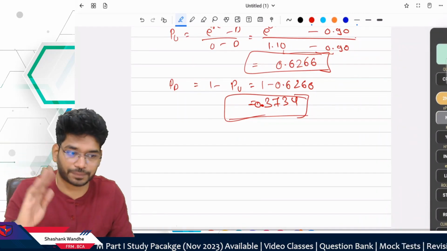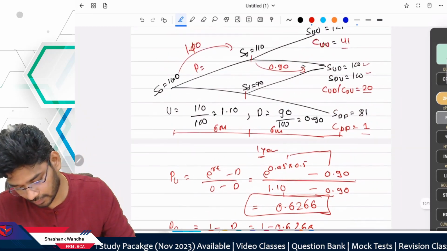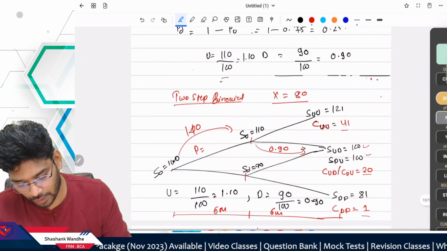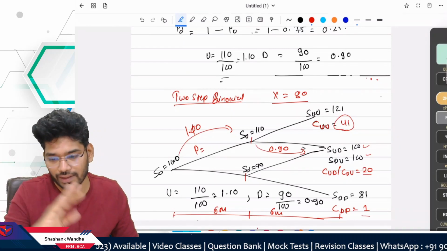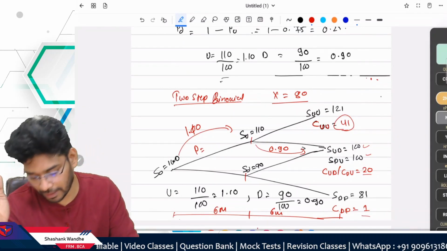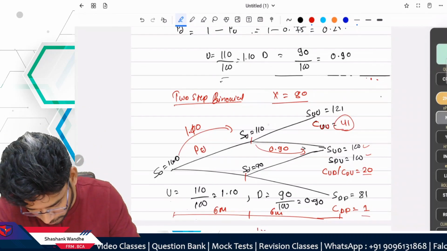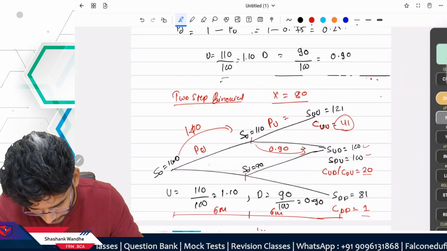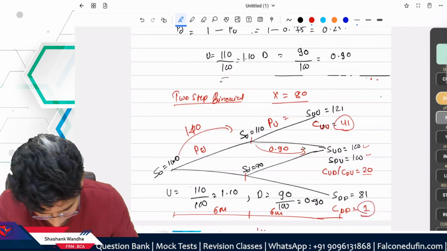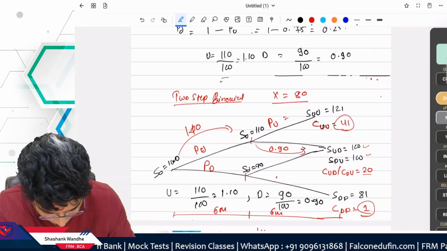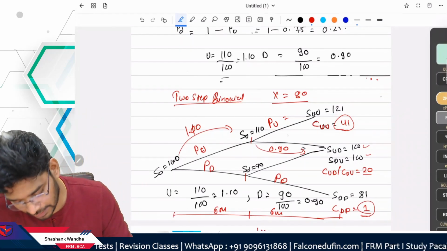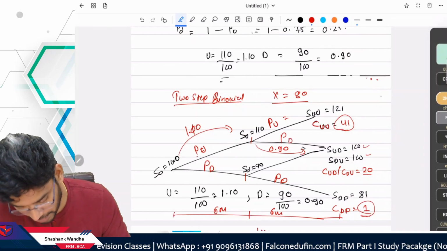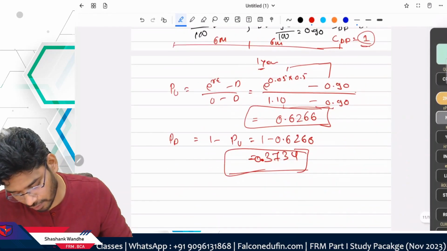Now you have to solve this particular question. First, the upward movement, SUU, calculate the payoff part, that is the expected payoff. So here we will be multiplying it with the probability of U, then for this one we will be using PD. So PU multiplied by PU, PU multiplied by PD, and this is how we go.